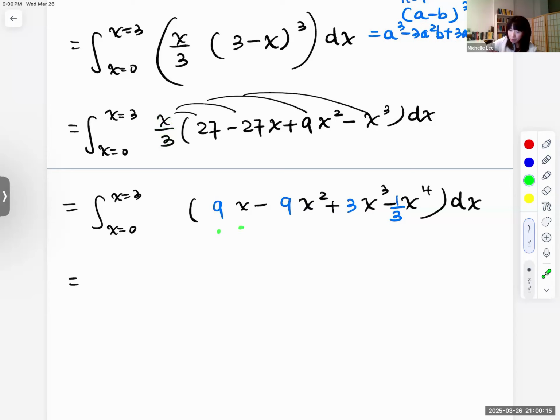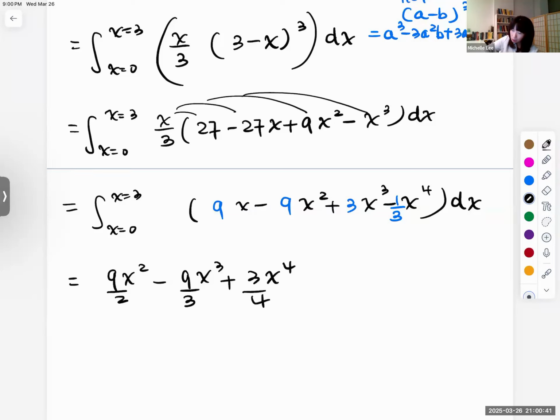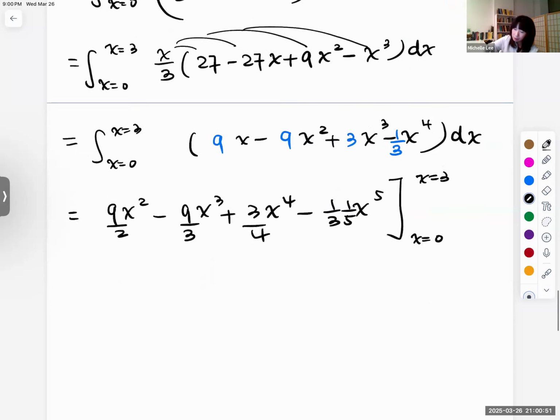So we have 9x, negative 9x squared, 3x to the third power, negative 1/3 x to the fourth power. Let's integrate: 9x squared over 2 minus 9x cubed over 3 plus 3x to the fourth power over 4 minus 1/3 x to the fifth power over 5. And then we want to evaluate from 0 to 3.